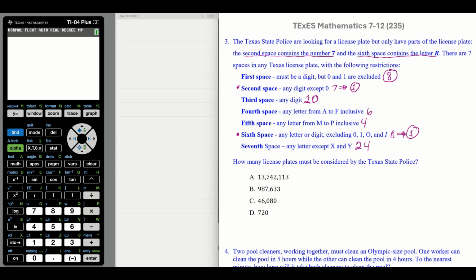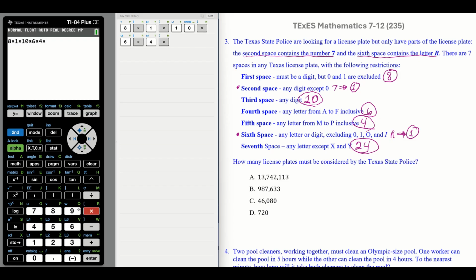Okay, now that we've worked through the logic, what are we going to do? We have to multiply all of these together. So let's do that. I'm going to multiply the ones in there too, just for safety's sake. 8 times 1 times 10 times 6 times 4 times the 1 times 24.